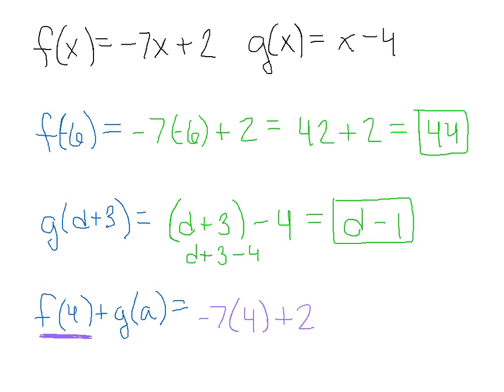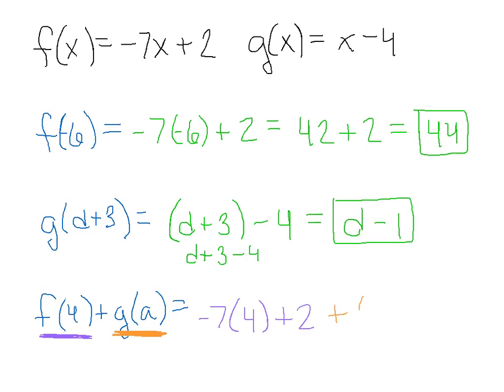Then I want you to notice how we're adding this whole thing. So we're adding this whole function to g of a. So I'm going to do that one in orange. G of a. We're adding this whole thing to our original function in purple.